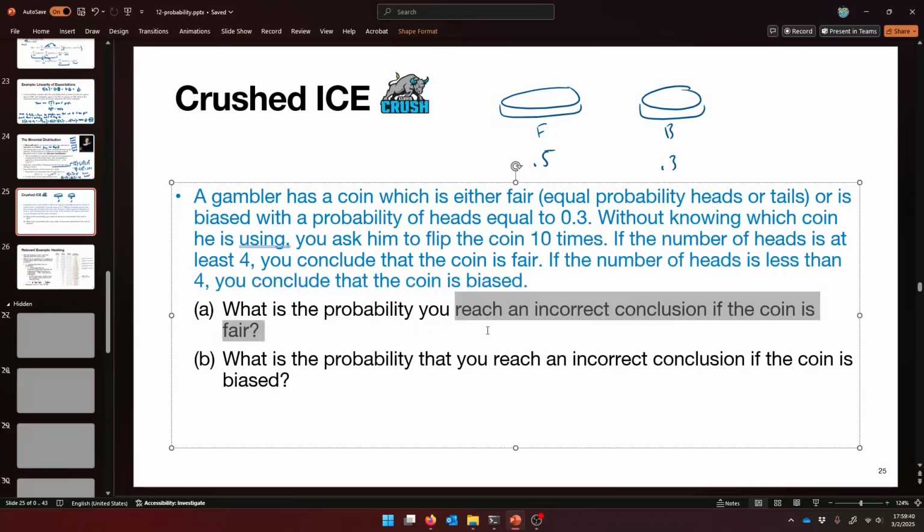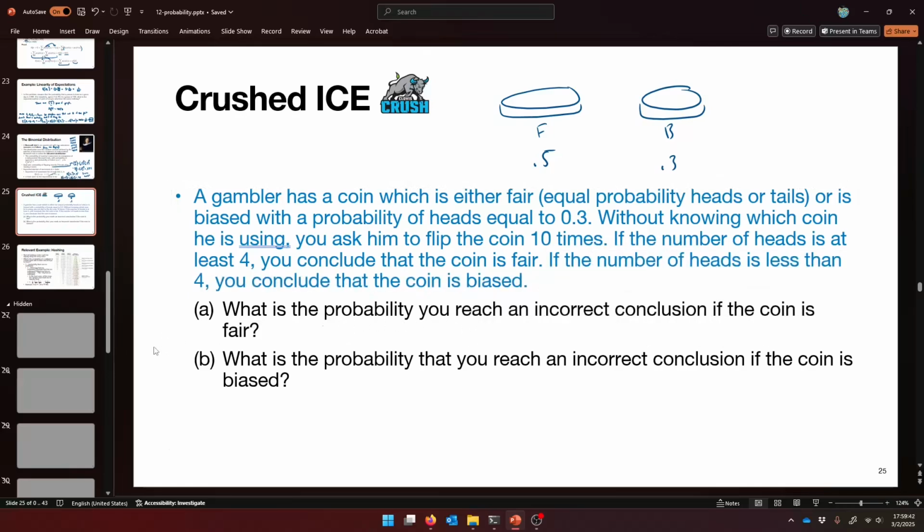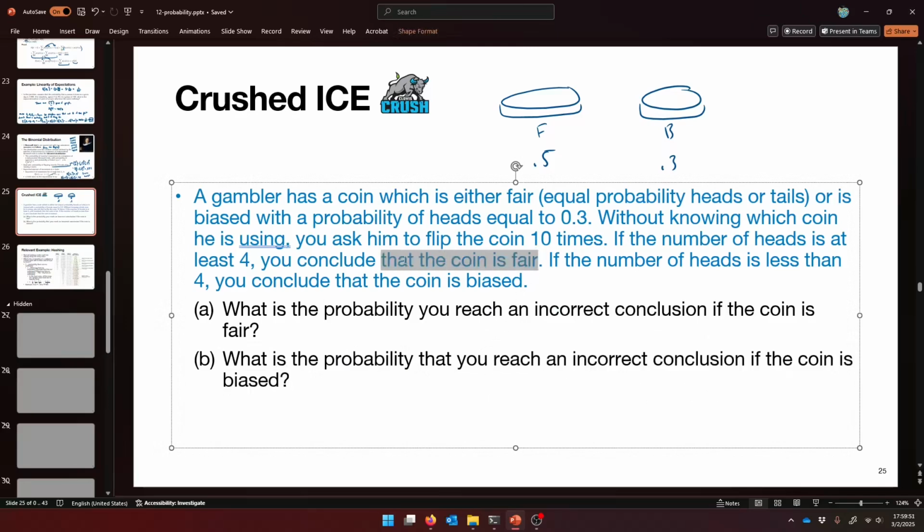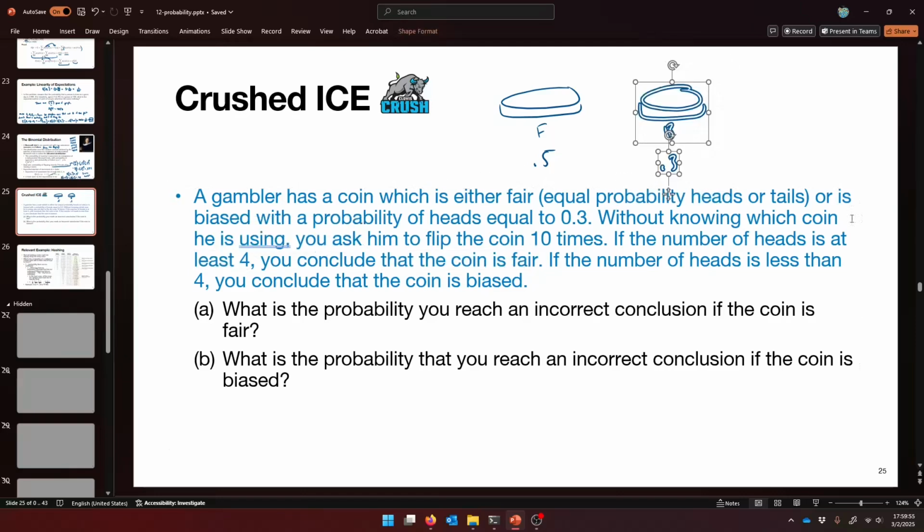And also, what's the probability that you were wrong in the other way? The probability that you reach an incorrect conclusion if the coin is biased. You thought it was fair because you saw at least 4 heads, but really it was the biased coin that got you that. What's the probability that you were wrong?